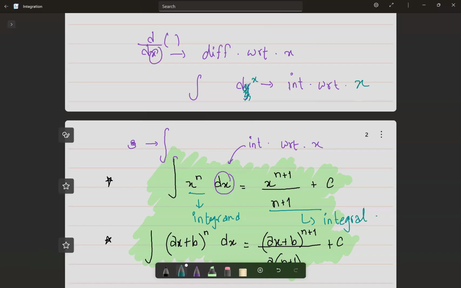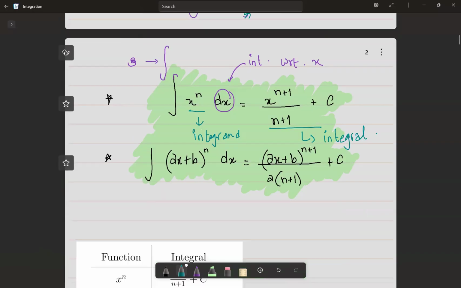Previously, we saw that whenever we differentiated, the result of differentiation was called the derivative. The result of integration is called the integral.